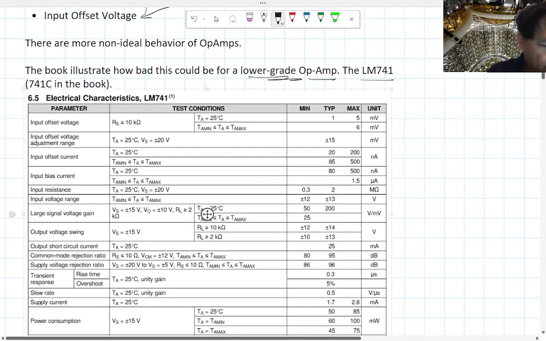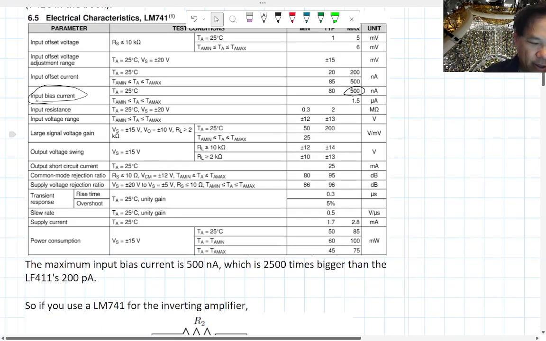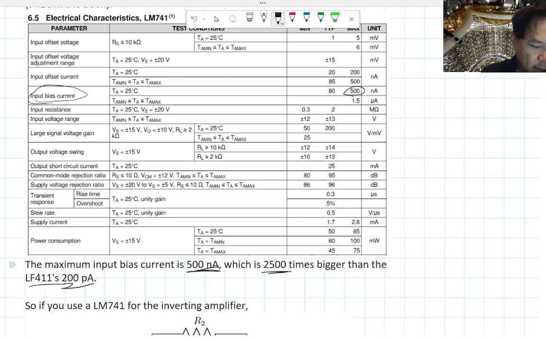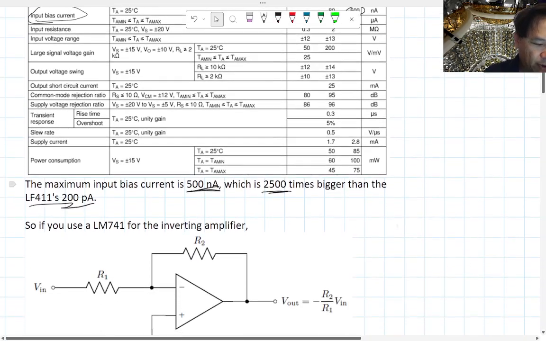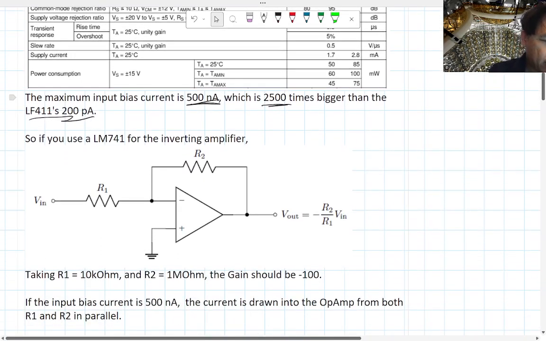Let's see if I can find it here. Right, input bias current. So it has a maximum of 500 nanoamp. Compare that to the LF411 that we use in the lab. It's about 2,500 times bigger.